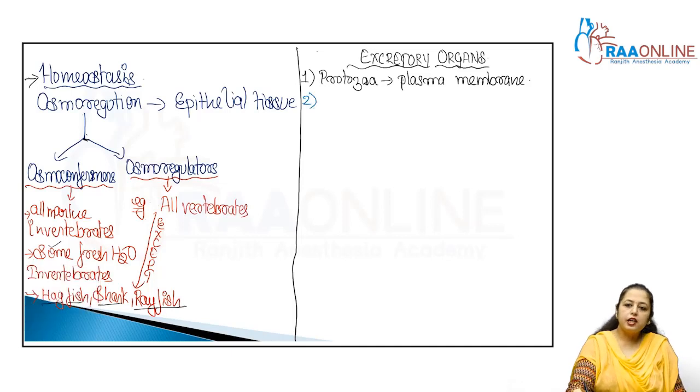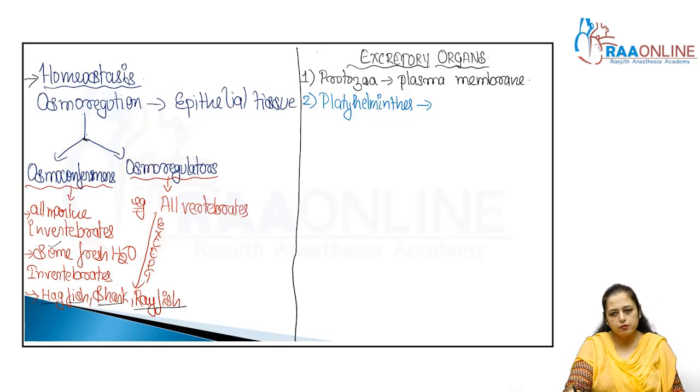Second is the platyhelminthes. Platyhelminthes, that is plate-like helminths, that is flatworms, come under that phylum, right? And the excretory organ is the flame cells, which is also known as the protonephridia.